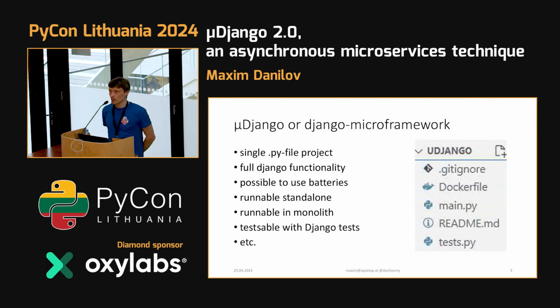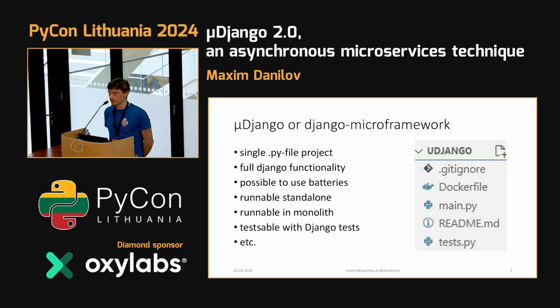What is the technique µDjango, or Django micro framework? First, it is always a single py file project. Second, this single py file project offers us full Django functionality. Nothing is reduced or cut.